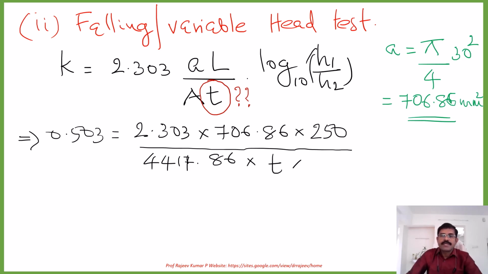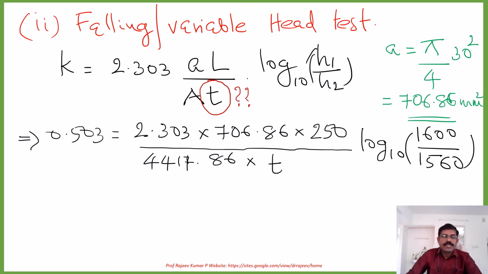Then the next quantity is log h1 by h2, that is 1600 divided by 1560 to the base 10.